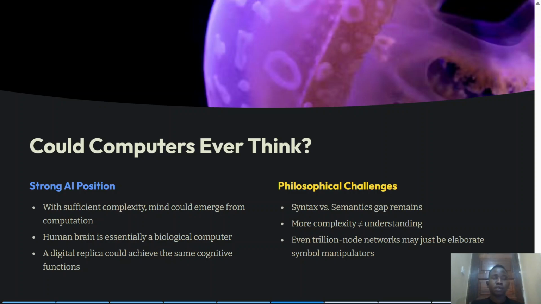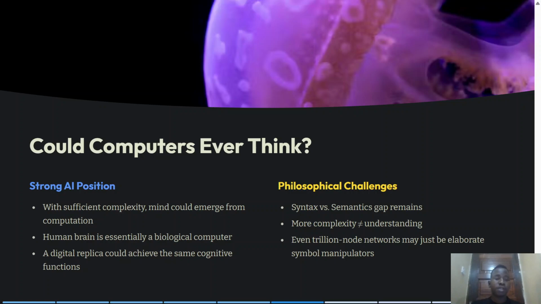The computation itself would easily affect a complex system. In another way, the human brain is essentially a biological computer, because we think with our brains and we reason with our brains.